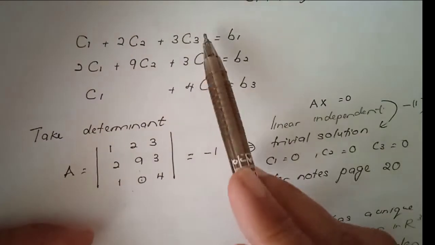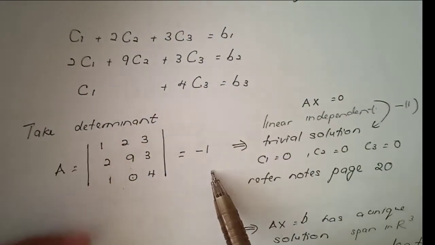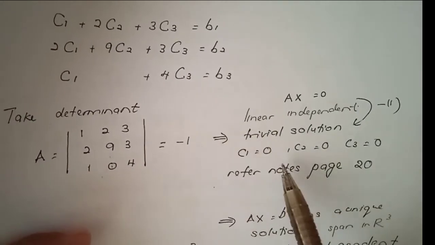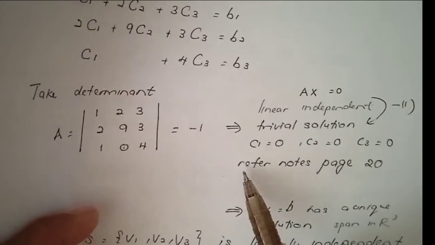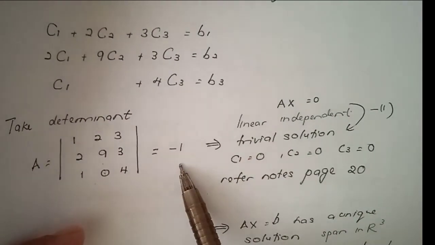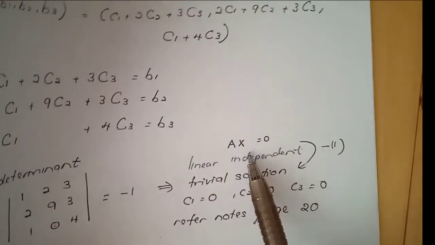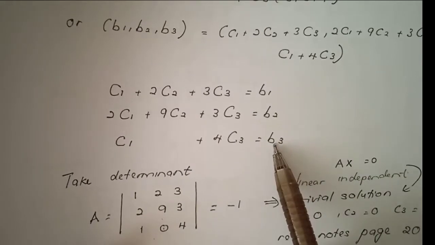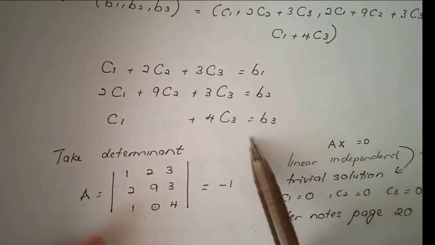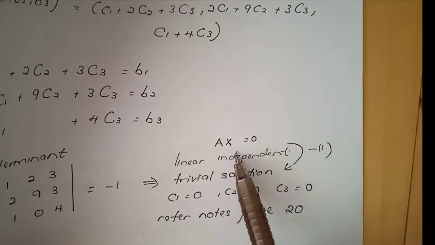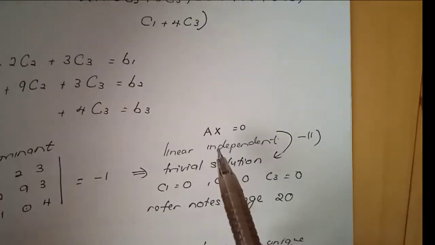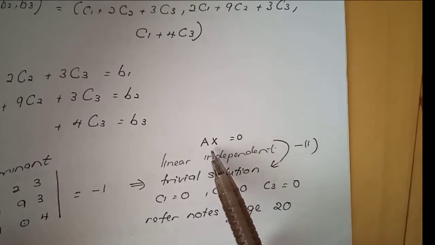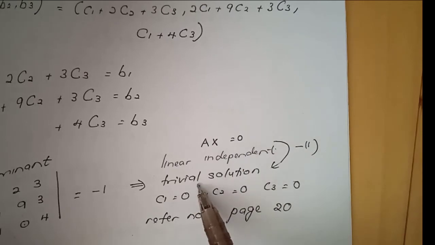The determinant of the coefficient matrix here is -1, and since the determinant is not 0, this AX equals B is a non-homogeneous system with a nonzero determinant, and the homogeneous form, AX equal to 0, has a trivial solution.